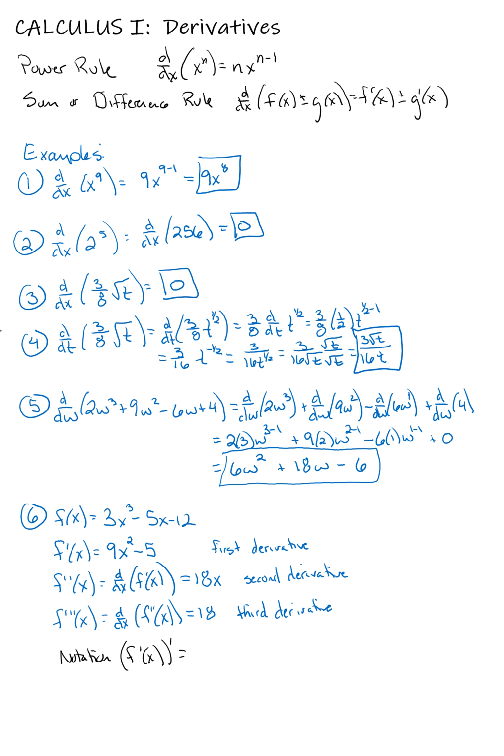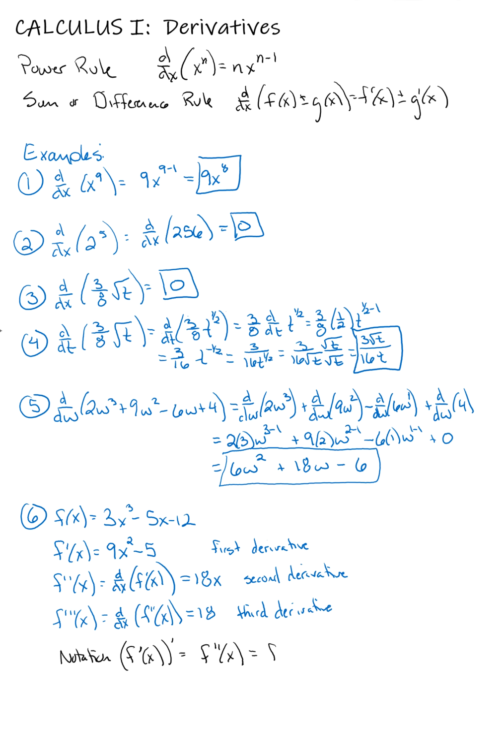That's one way of writing it, just putting another prime mark outside of it. Just make sure that this prime mark here on the outside does not look like a 1. Okay? But we often just do a double prime mark for the second derivative.